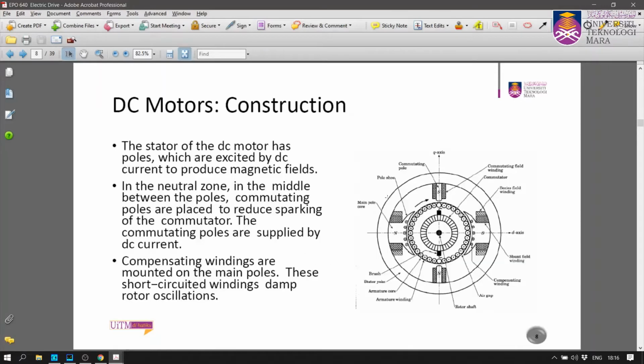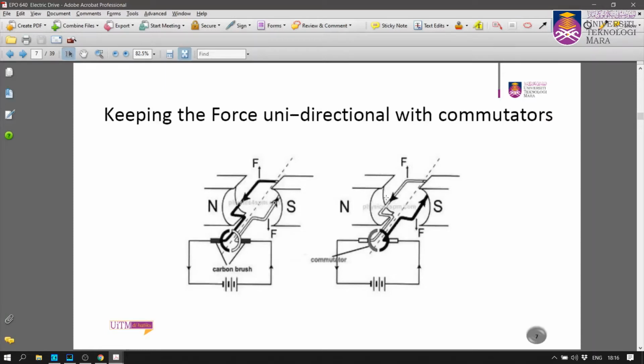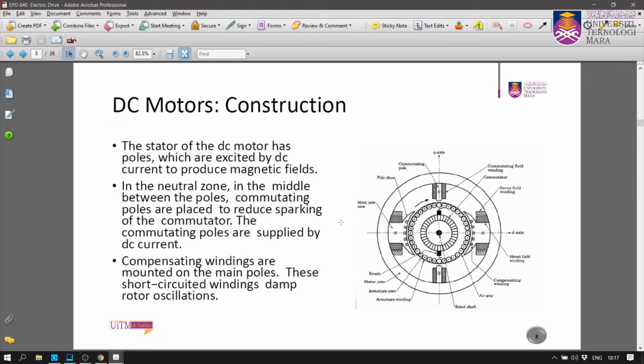Okay, and then we have keeping the force unidirectional with commutators, because it's a DC motor. You need to have a DC voltage, and this is how it is used in this machine, so that you can have a unidirectional force in the machine. Okay, and then we have the basic construction of the DC motor.